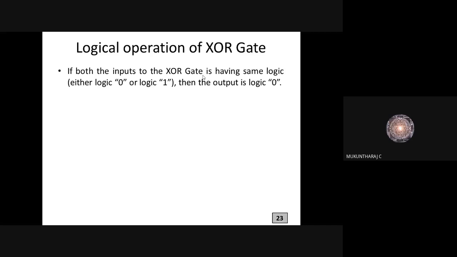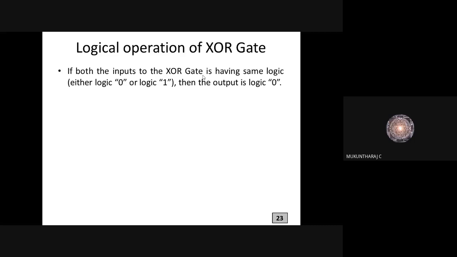Then the logical operation of the XOR gate. Here also we are assuming a 2-input gate. If both the inputs to the XOR gate have the same logic, if both the inputs are logic 0 or both the inputs are logic 1, then the output will be 0.